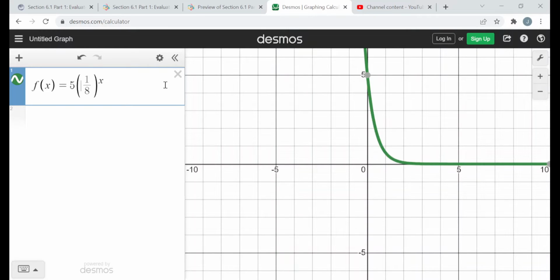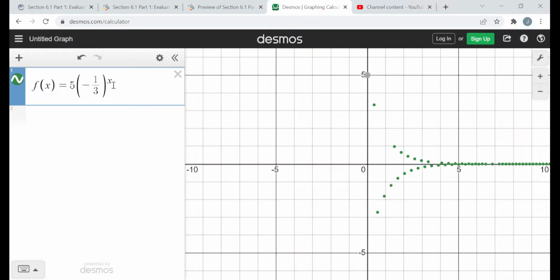So 5 times, well, even just negative 1/8, right, or negative 1/3 to the x power. And you see what happens. It bounces back and forth from being positive to negative, and it's not continuous, it's not a nice smooth graph. There's a bunch of holes in it because this is not going to be a real number.